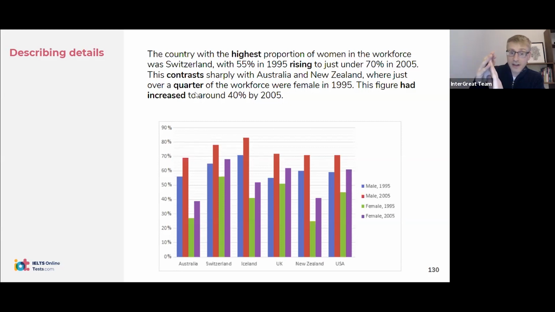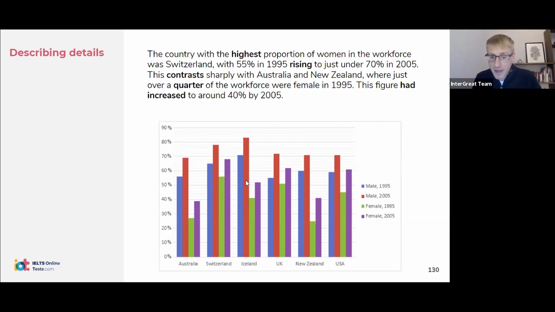By 2005, the figure had increased. The figure had risen. This tells us that it happened between 1995 and 2005. So it's just a very specific meaning. It's very accurate. If you can use it accurately, it will improve your band score for grammar.